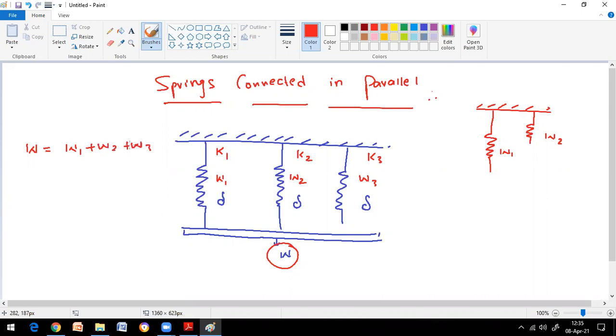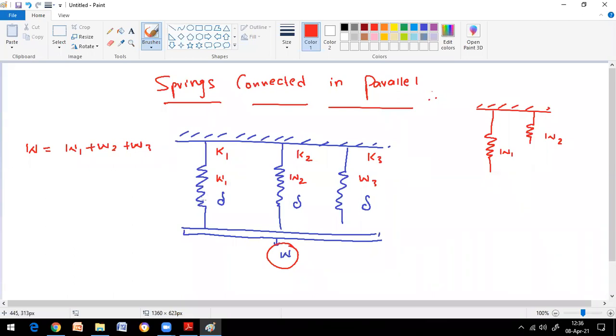But earlier, for springs connected in series, what did we write there? Load is common, and delta is equal to delta 1 plus delta 2. So the summation of deformations gives the overall extension. But when springs are connected in parallel, the summation of loads gives the overall load carried by the whole unit.